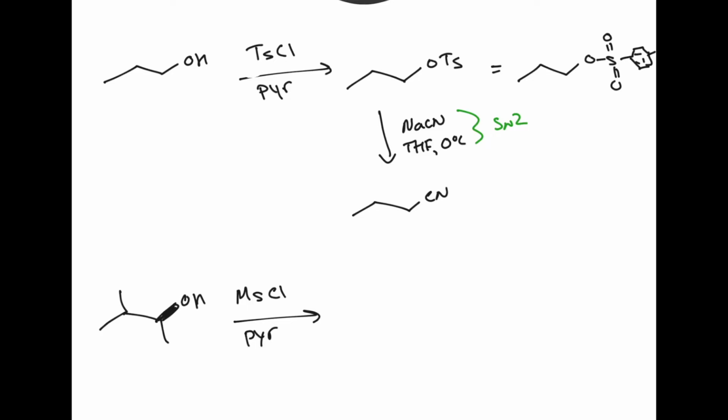If you have stereochemistry on your alcohol, making the sulfonate ester doesn't change your stereochemistry. You don't do anything to the carbon-oxygen bond. You're only having the oxygen add to the sulfur. So, making the sulfonate ester, you keep your stereochemistry.